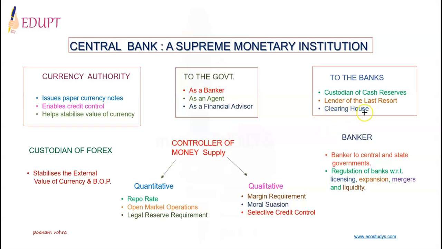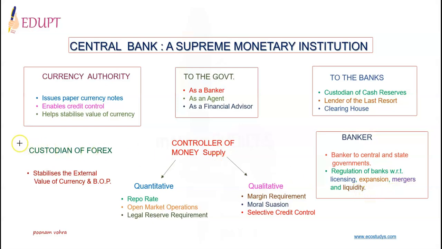As a clearing house, it settles claims of various banks against each other by making debit and credit entries in their accounts. So, it supervises and regulates with respect to licensing, branch expansion, liquidity, mergers and winding up of banks.